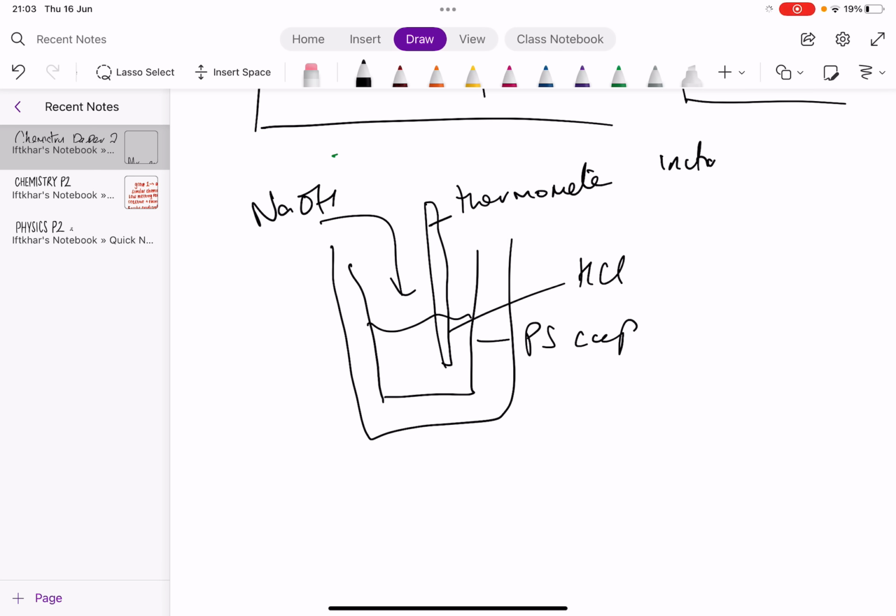So you measure the initial temperature and the final temperature, the maximum temperature reached. If the temperature goes up, then the reaction is exothermic. If the temperature goes down, then the reaction is endothermic.